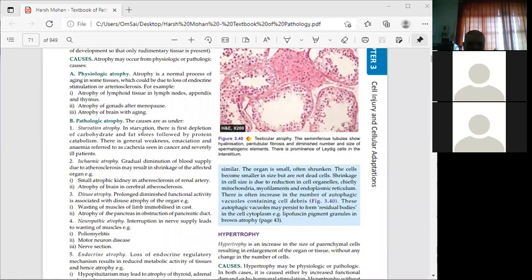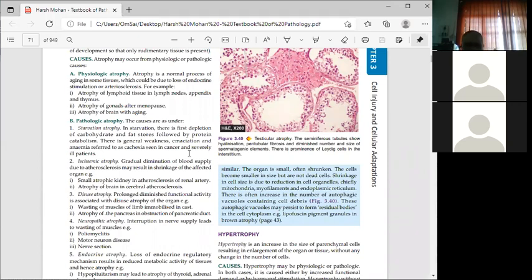First one, starvation atrophy. In starvation, there is first depletion of carbohydrate and fat stores, followed by protein catabolism. There is general weakness, emaciation and anemia, referred to as cachexia.